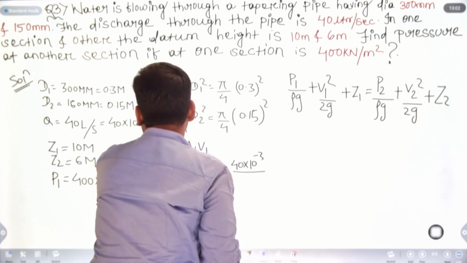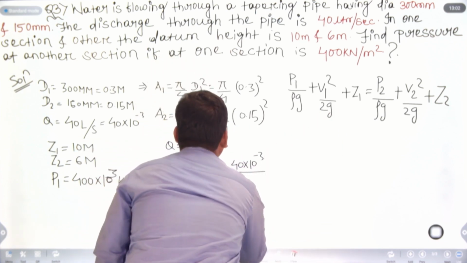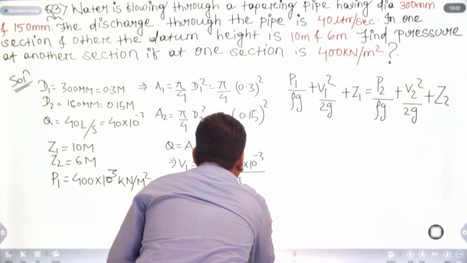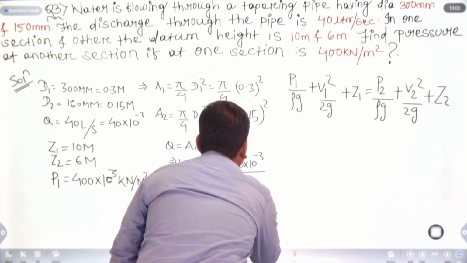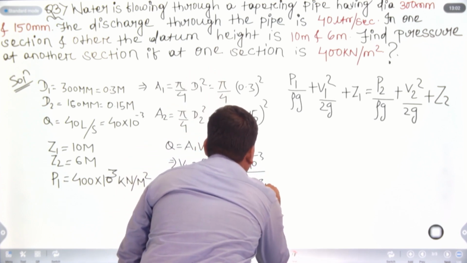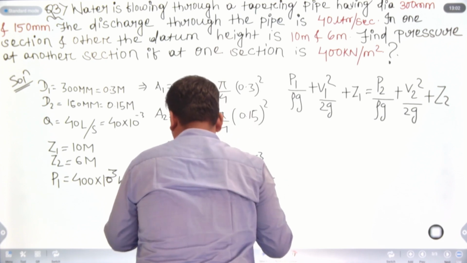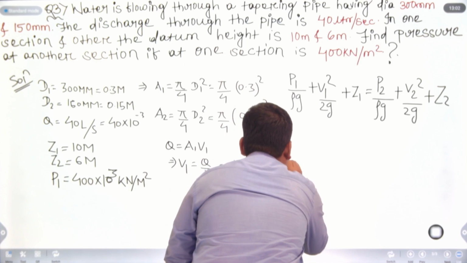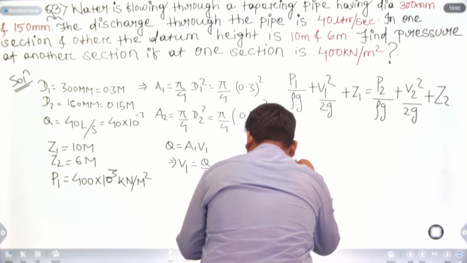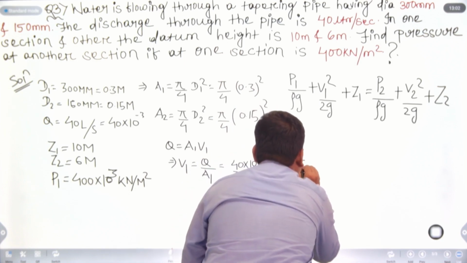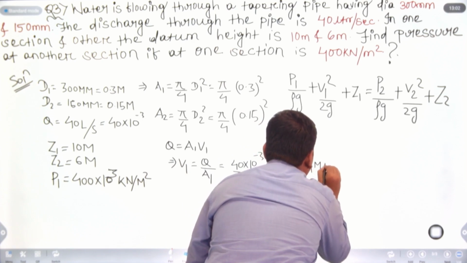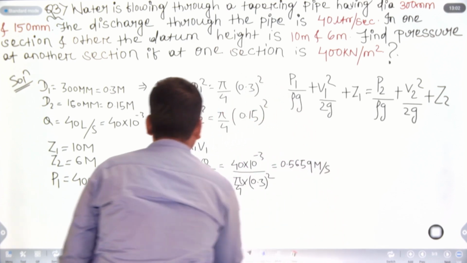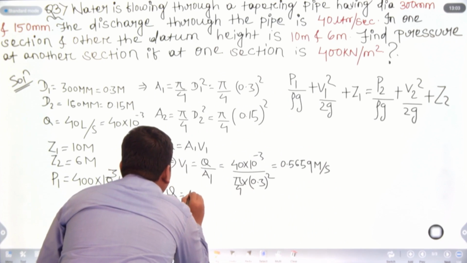Then A1 value is pi by 4 into 0.3 square. Solving this, we find the value of V1 is equal to 0.5659 meter per second. Then Q is equal to A2 V2.